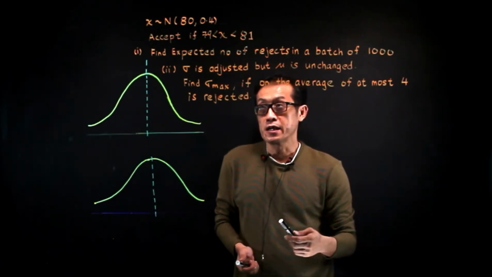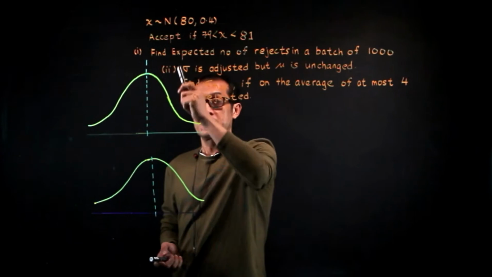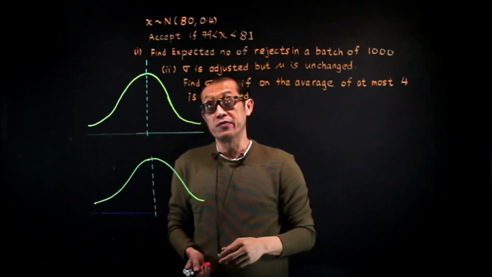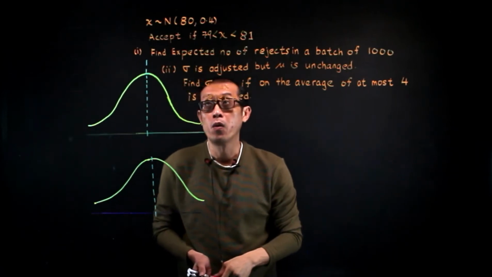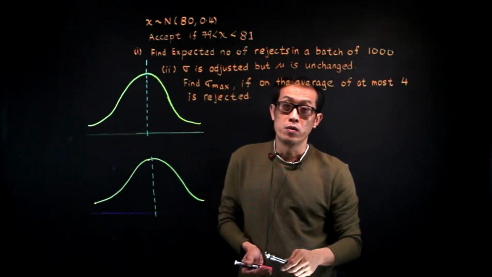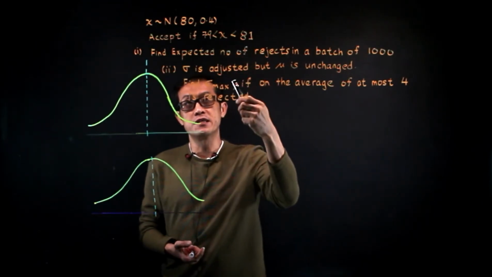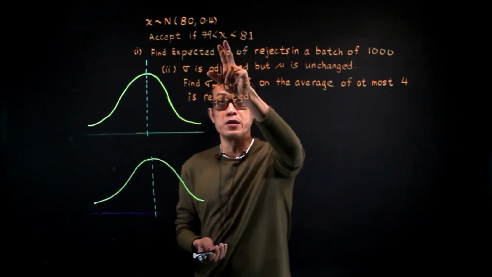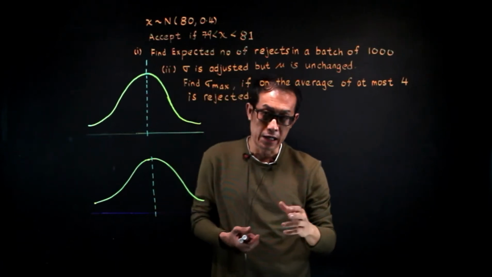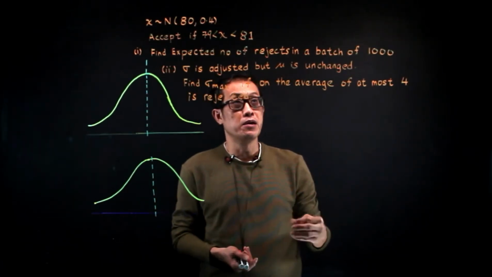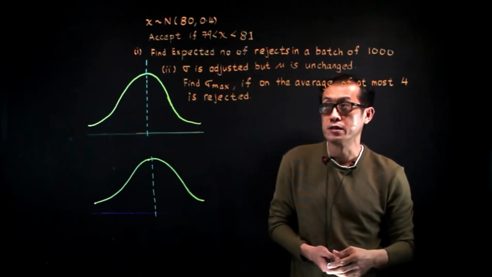It is stated in the question that X is normally distributed with a mean of 80 and a variance of 0.4. The resistors are accepted if the resistance measured is between 79 and 81. You are to find the expected number of rejects in a batch of 1000.